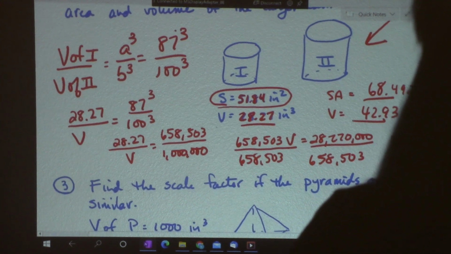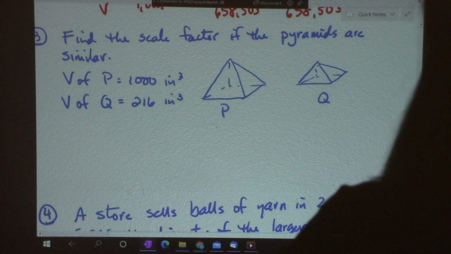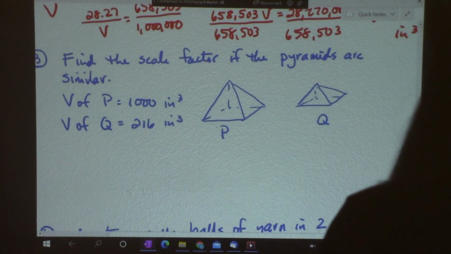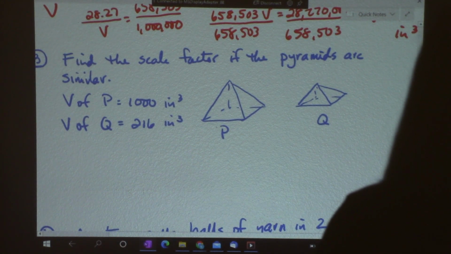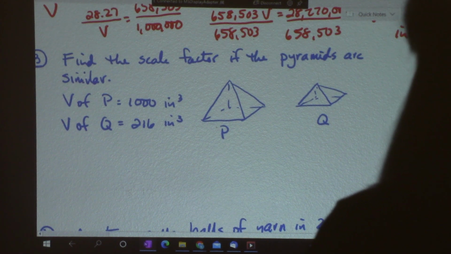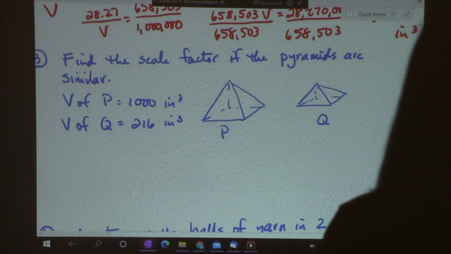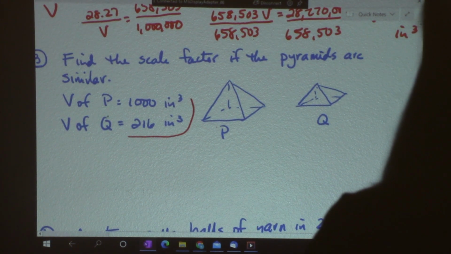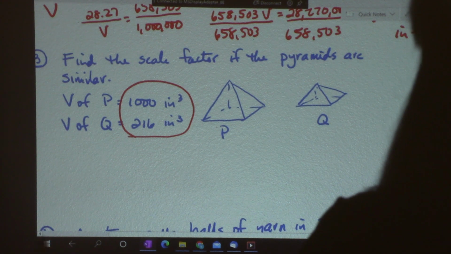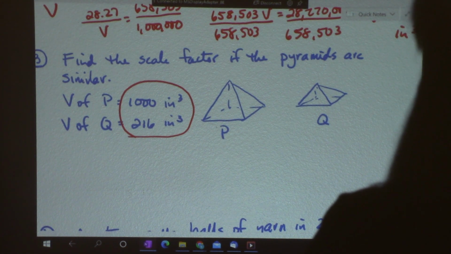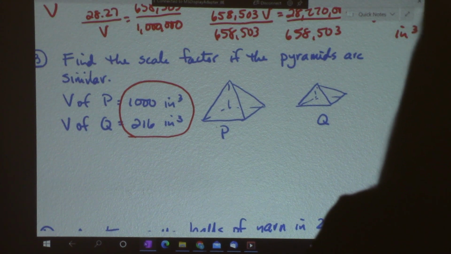Okay, now sometimes the question is, find the scale factor. So if I have two similar figures like this, I want to find the scale factor. So I know the volume, and that's my hint. The volume of P is 1,000 inches cubed, and the volume of Q is 216. Okay?